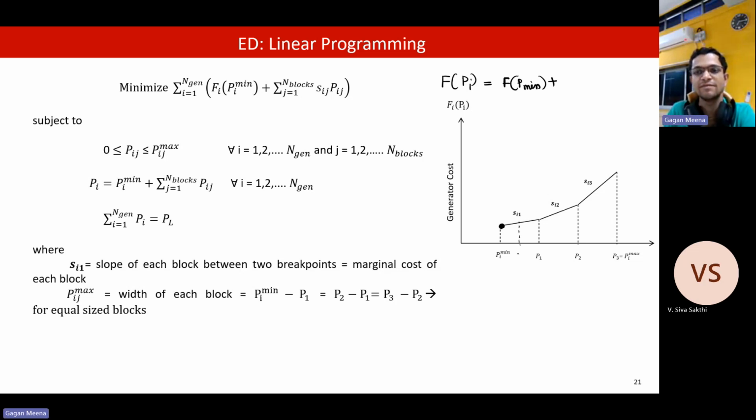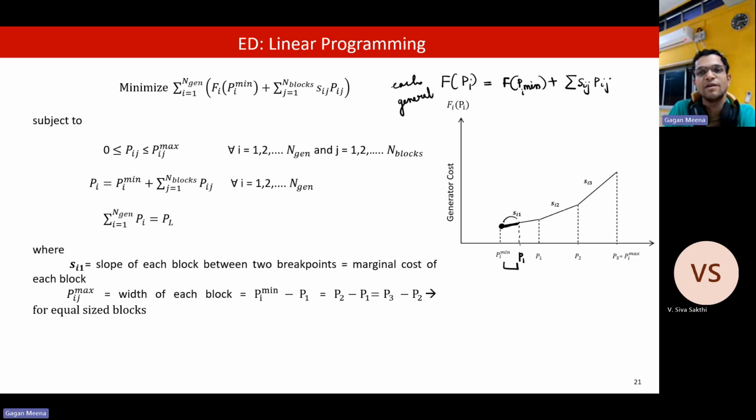If it is this one, P1, then the slope of this multiplied by this difference will give me the sum plus Sij, the slope, into Pij. Pi min. This is for each generator.